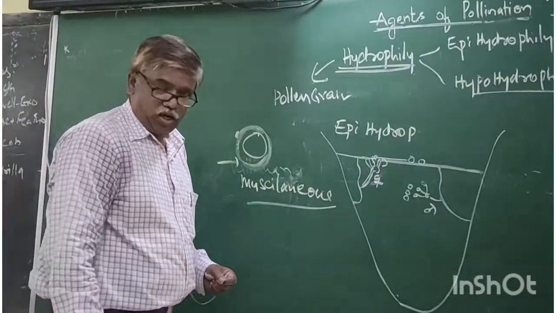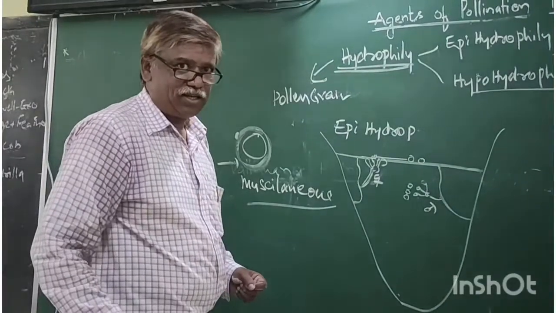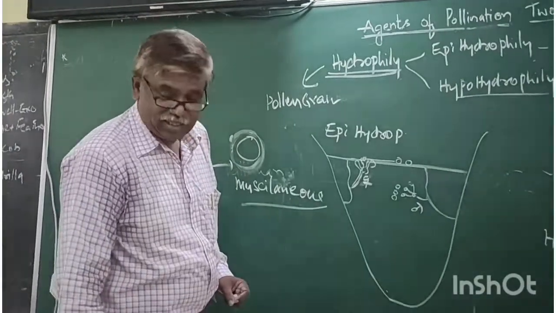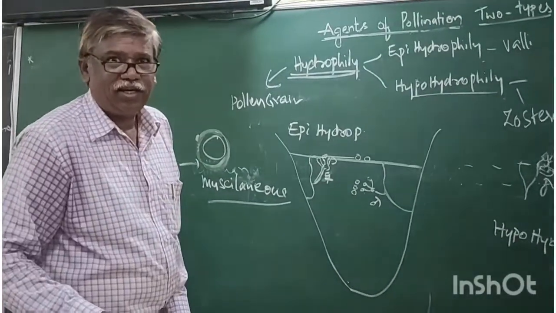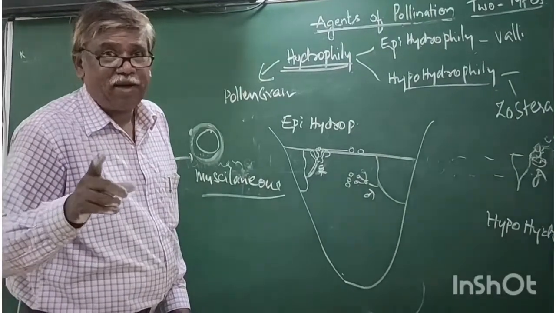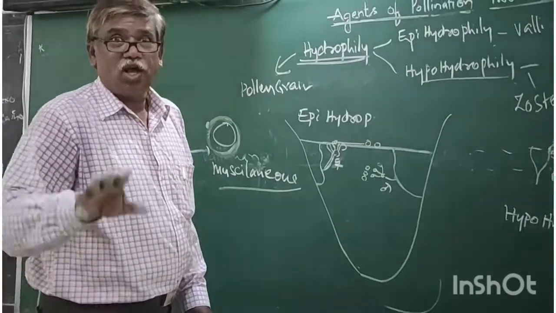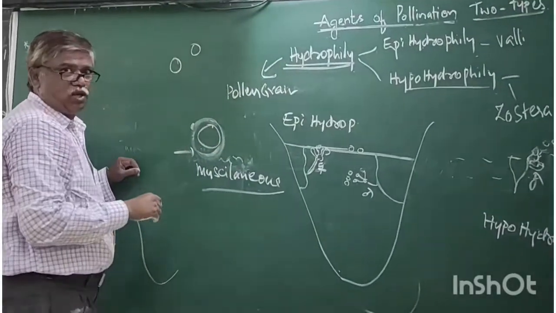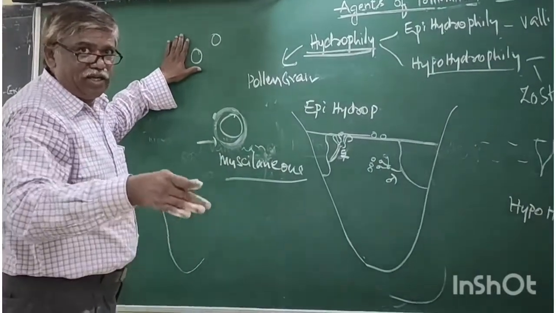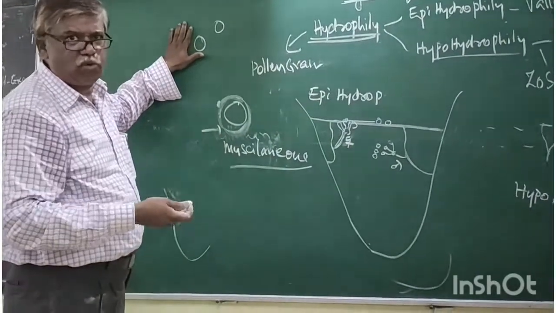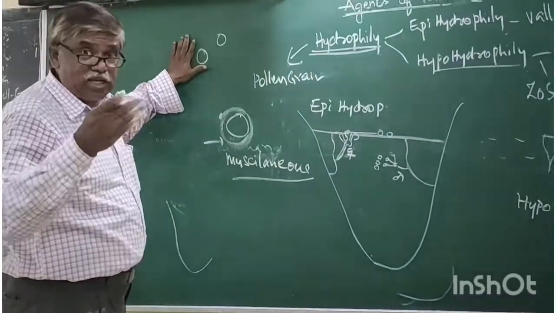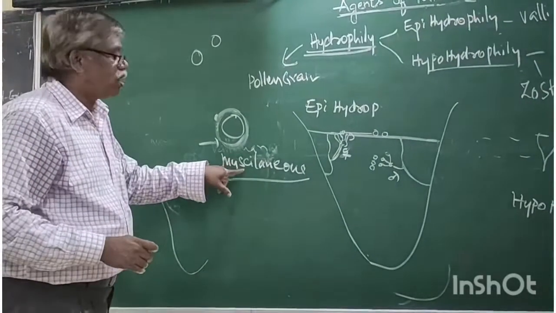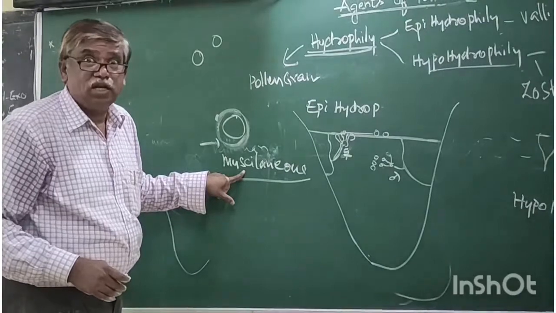Suppose you keep your legs in water 6 to 7 hours continuously, the skin decays because the water contains bacteria, and the bacteria decompose the skin. Now, if the pollen grains are always in the water, the same thing will happen. The pollen grains will be decomposed. This decomposition by wetting is prevented by a covering sheet, called the mucilaginous sheet.